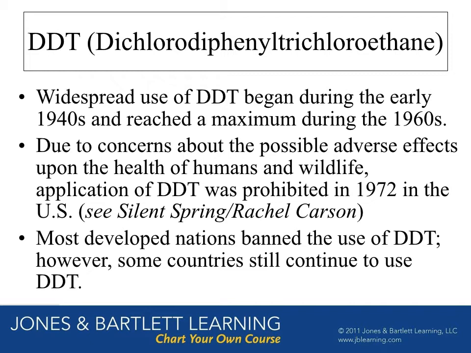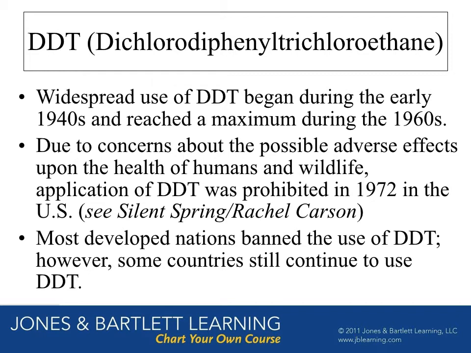DDT, dichlorodiphenyltrichloroethane. Widespread use of this insecticide began early in the 1940s and reached a maximum in the 1960s. And again, the reason it was studied more and eventually banned in 1972 in the United States is because of the work of Rachel Carson and others, showing that even though it was very effective in preventing insect vector-borne diseases, such as those carried by mosquitoes, it accumulated.